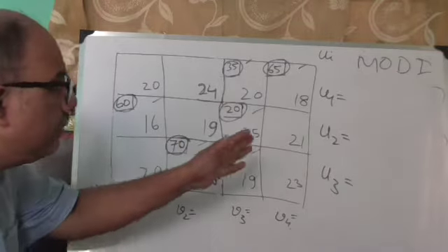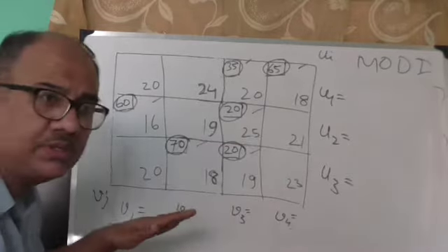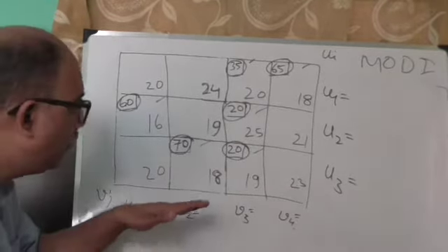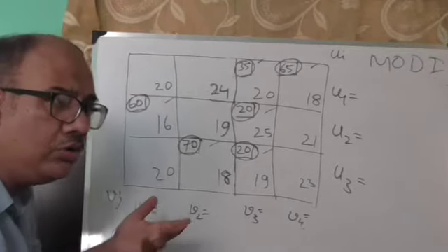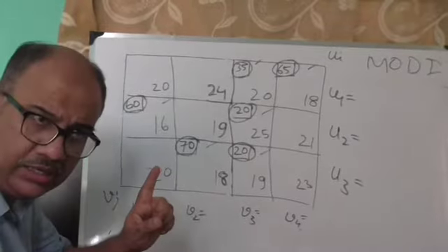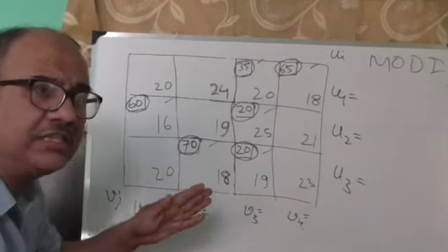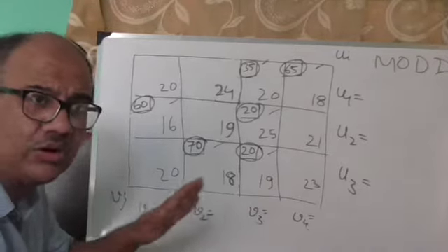That means if we put the values in place, we will get 6 relationships, 6 conditions, to find out 7 values. So we will choose any one of the Ui and Vj, any one, because 7 values are to be found out, but only 6 conditions are there.